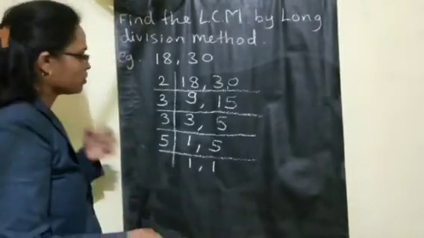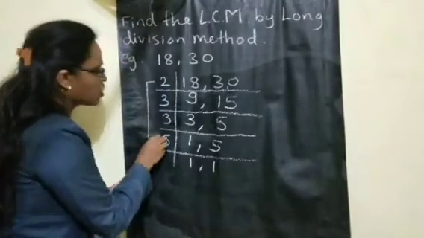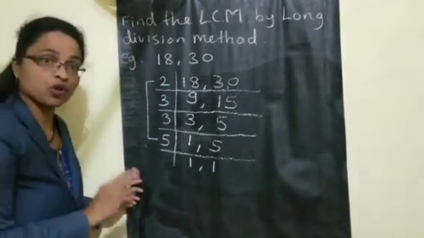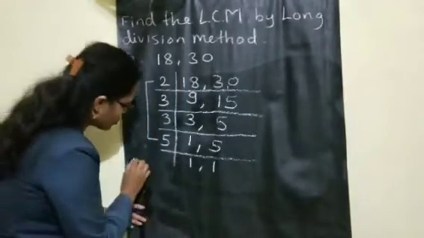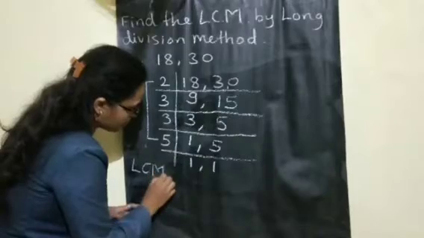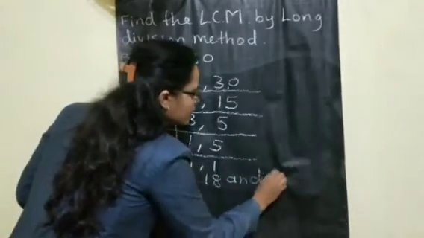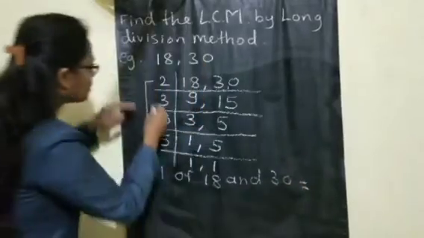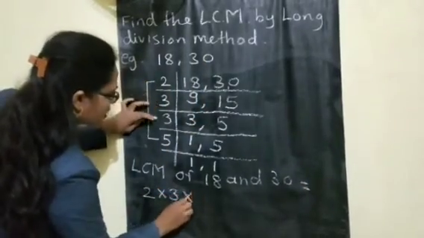Okay. Now, what is the next step? We have to get the product of all these factors. That product is called the LCM of 18 and 30. So, what do we write? LCM of 18 and 30 is equal to the product, means multiplication, of all these factors, children.